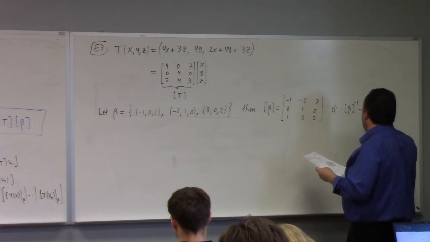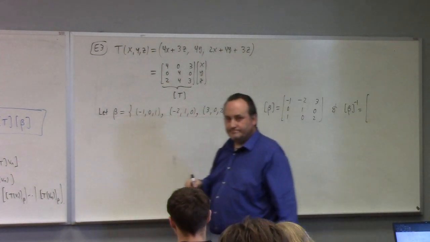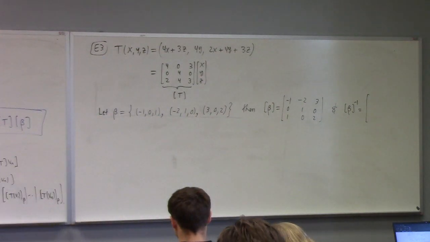What was it? It's over here. It's the -2/5, 4/5 business, right? Grab my paper. Right, we know the inverse, yeah?